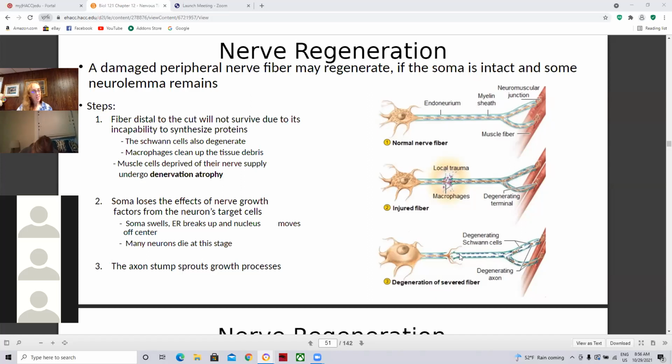Nevertheless, if it does not die, the axon stump will start to sprout growth processes. The axon stump will start to grow, to sprout growth processes.